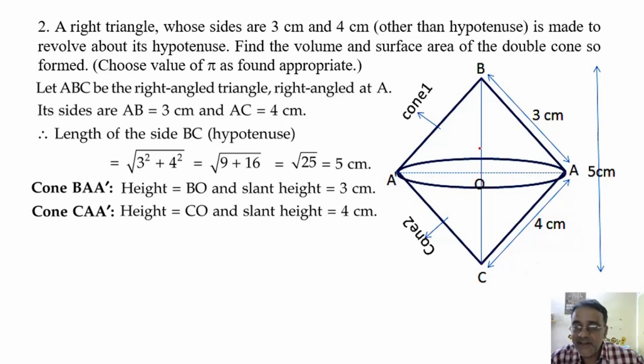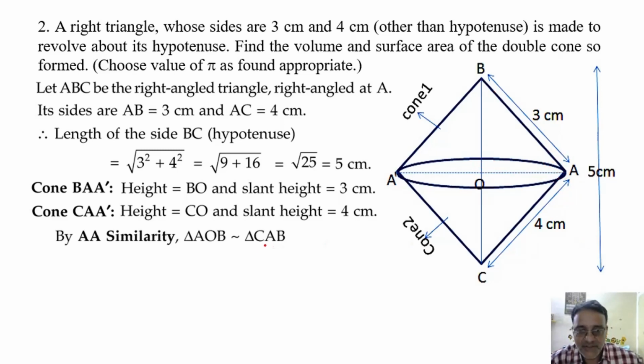Okay, now we'll take two triangles. Look carefully, we are going to take two triangles. This is the first triangle, AOB, and CAB. In these two triangles, angle B is common, and these two angles are 90 degree.